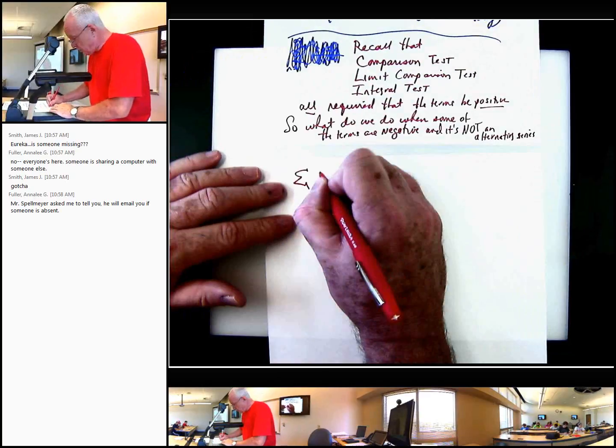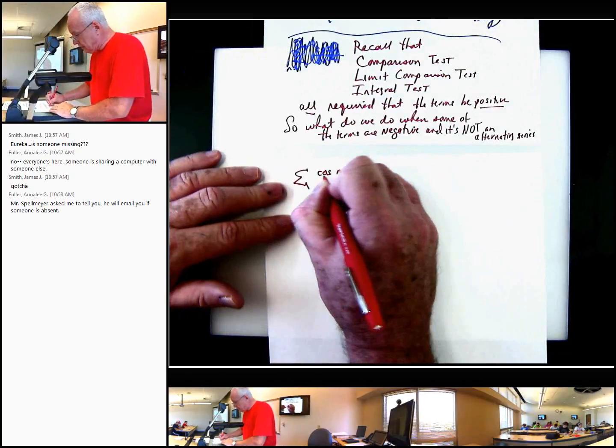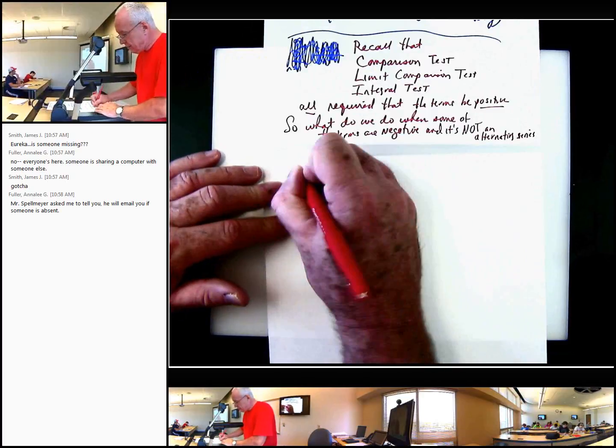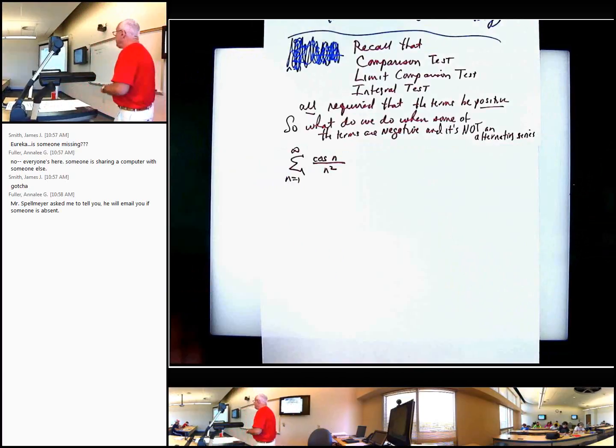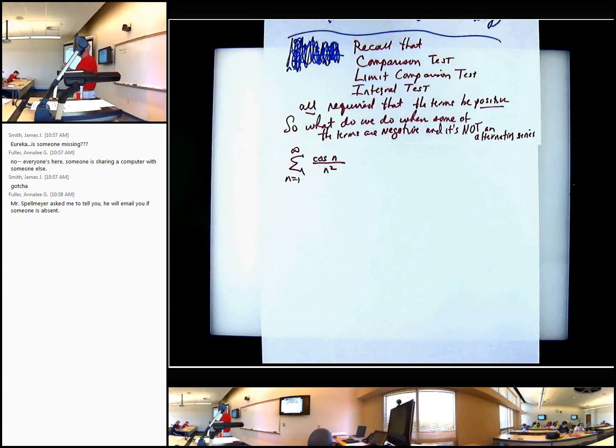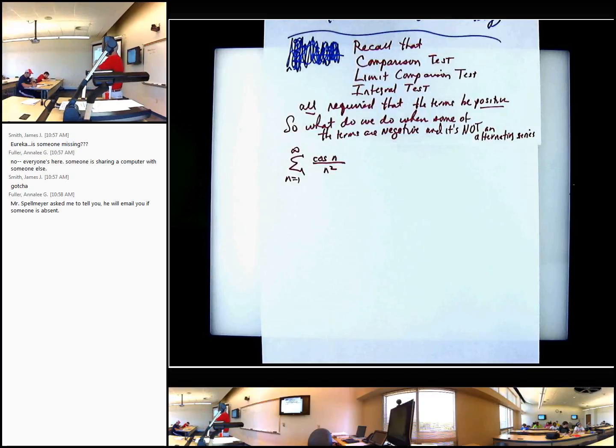Example: the sum of the cosine of n divided by n squared, as n goes from 1 to infinity. Now this is not an alternating series. We're talking about the cosine of 1, the cosine of 2, the cosine of 3, 4, 5, etc. Because cosine has positive and negative values, some of those are going to be positive and some negative.